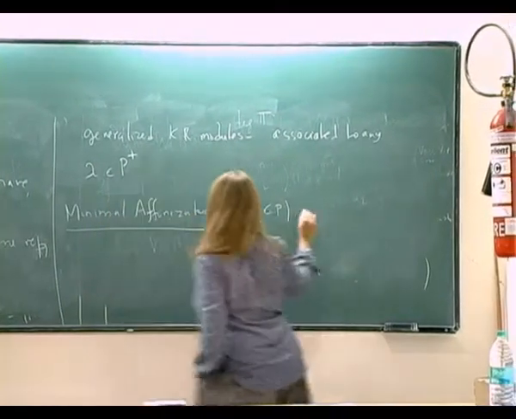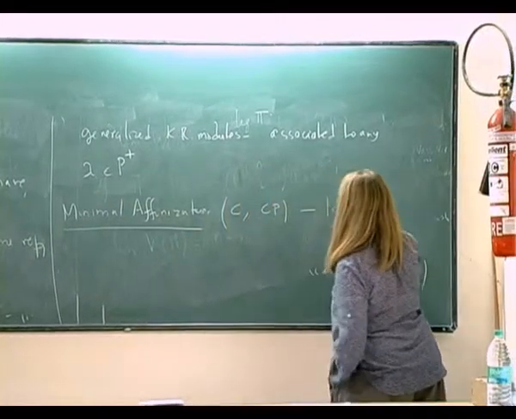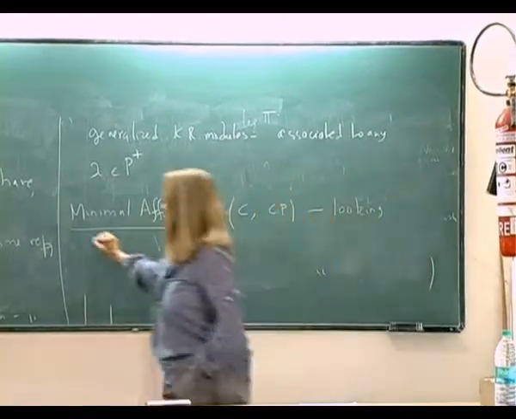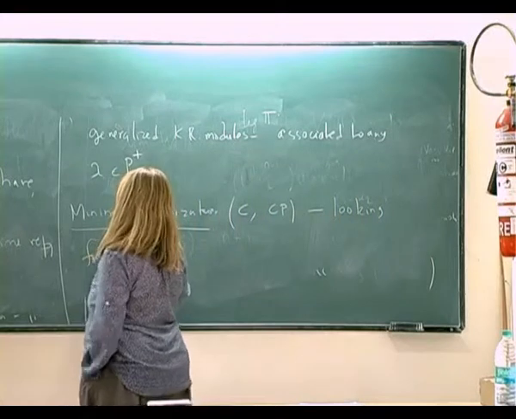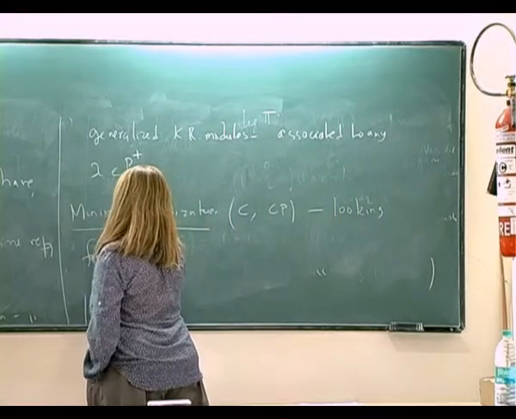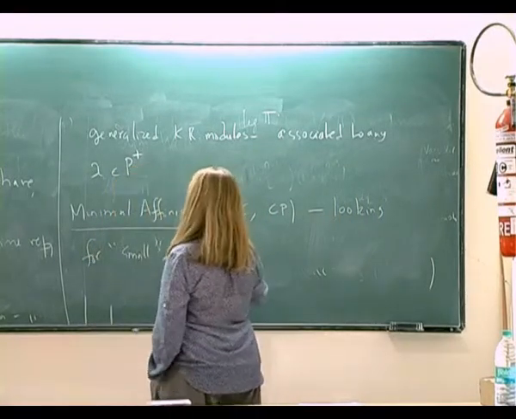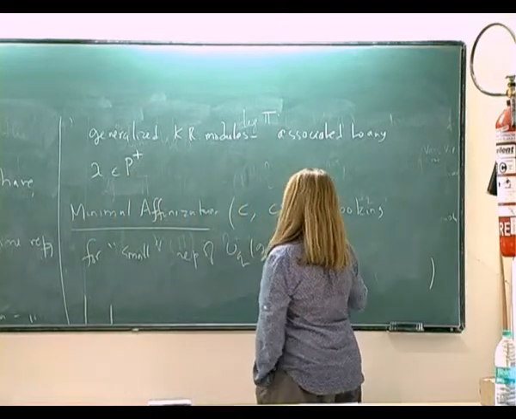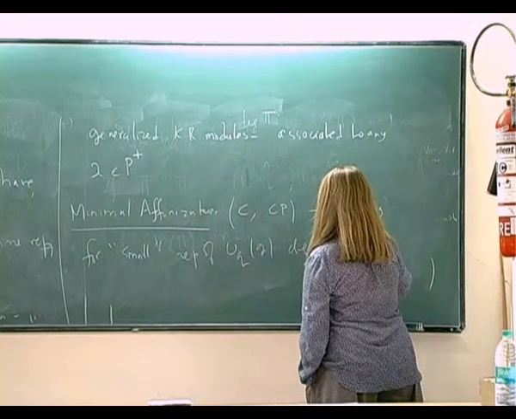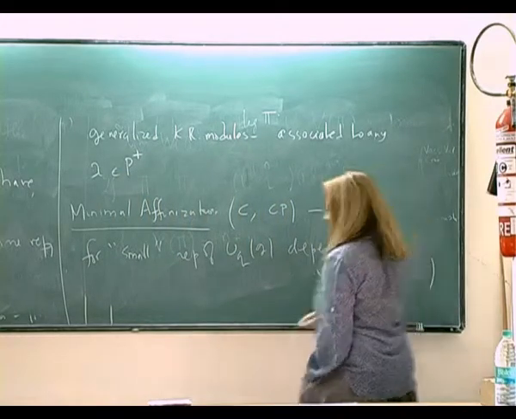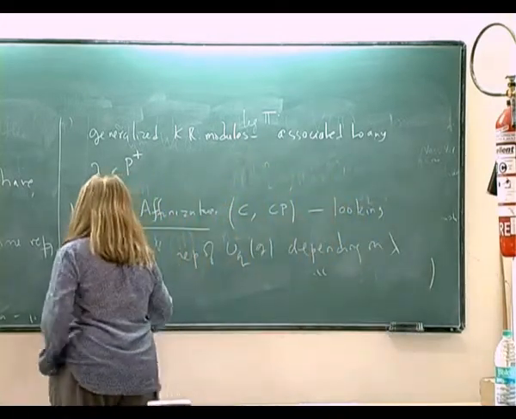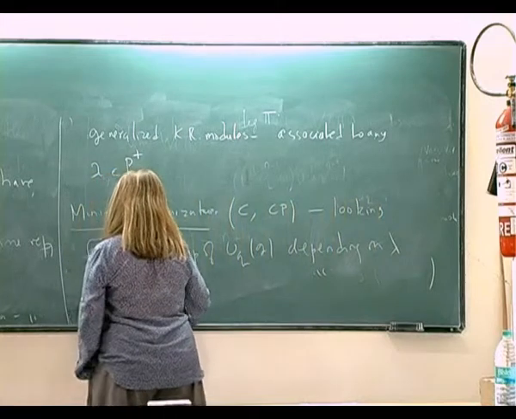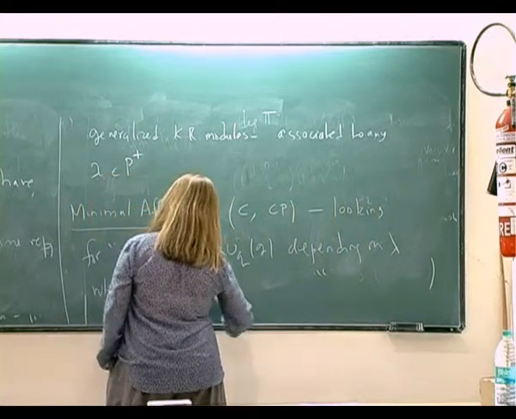Okay, so we're looking for the smallest representation of U_q(g), depending on lambda, which can be made into a module for U_q(Lg).